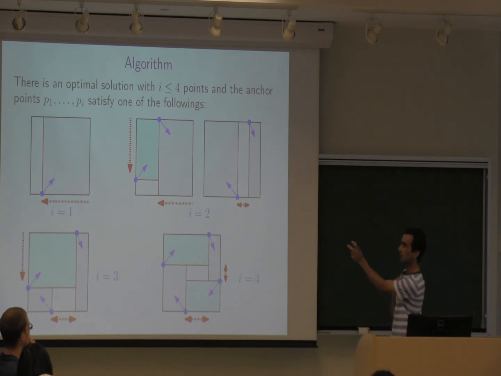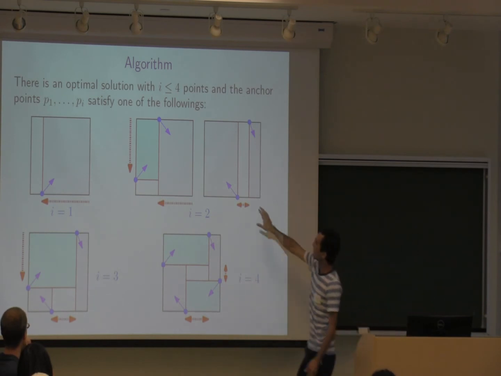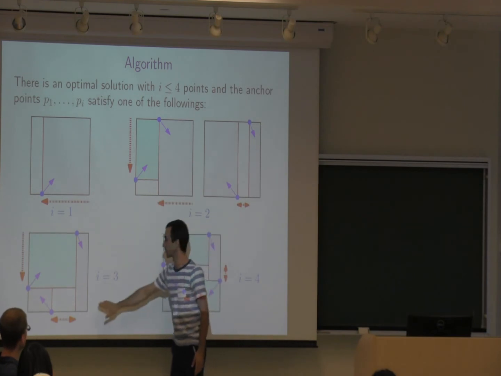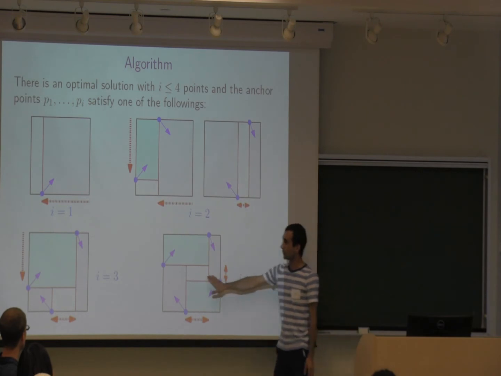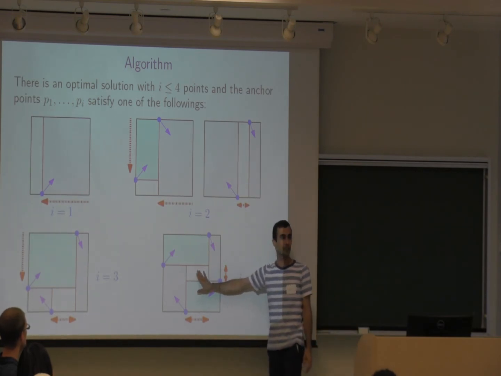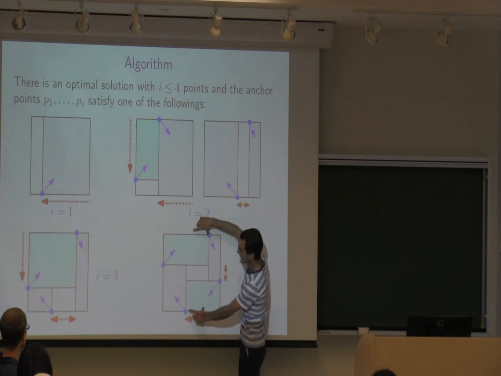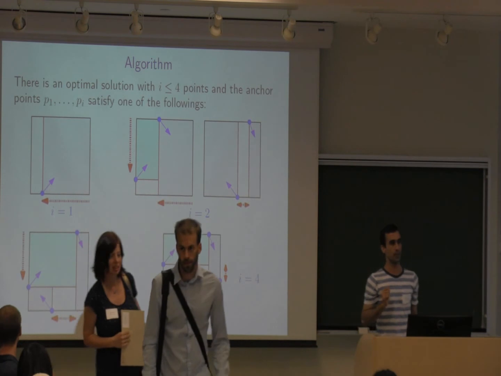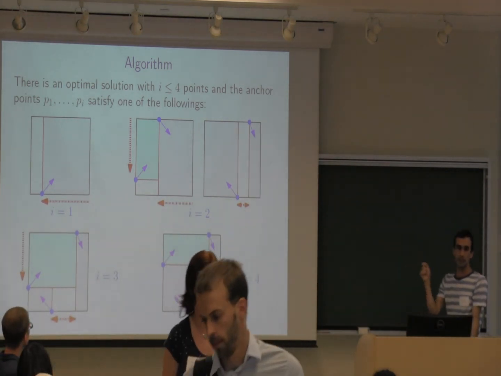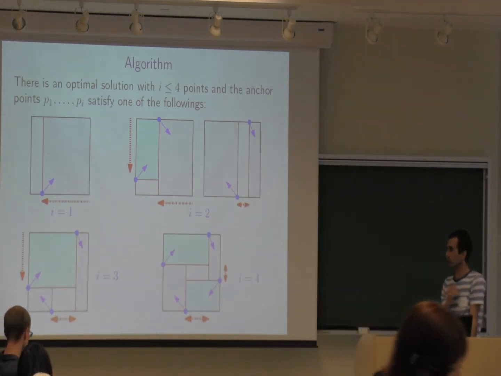In all cases, I'm minimizing the corner that I'm getting from the side. The same thing holds if I have 3 points for the optimal solution, because in all of these cases the hole is a boundary hole, so it's touching the boundary somewhere. And if it's 4, then we can show that the hole is only in the interior, and in that case, looking at the closest pair x-wise and closest pair y-coordinate-wise, and taking that rectangle basically as the hole.